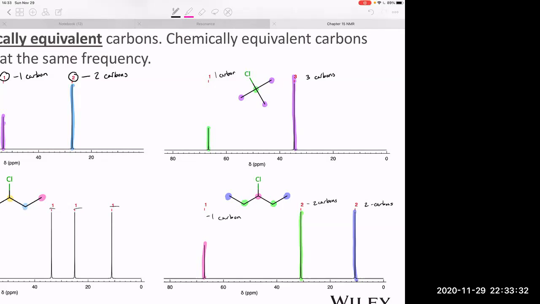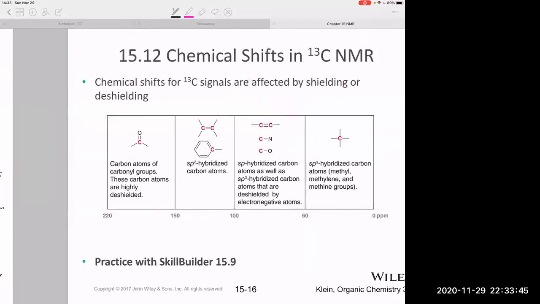All right, so the number of signals tells you how many chemically distinct carbons there are in a molecule. The area or the integration of each signal tells you how many carbons that signal corresponds to.